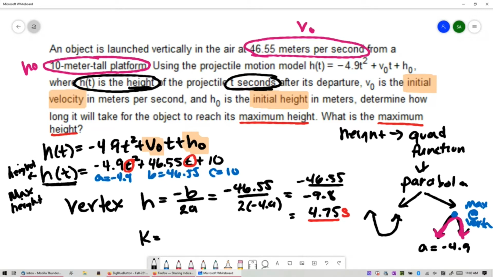And then we can find that maximum height by plugging in the 4.75 into our function. And this h is the height h. This one was the vertex h. This h is the height. So we have negative 4.9 times 4.75 squared plus 46.55 times 4.75 plus 10. Let me give myself some more space so this is not crowded.